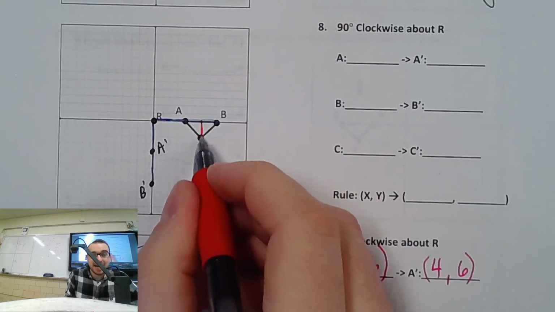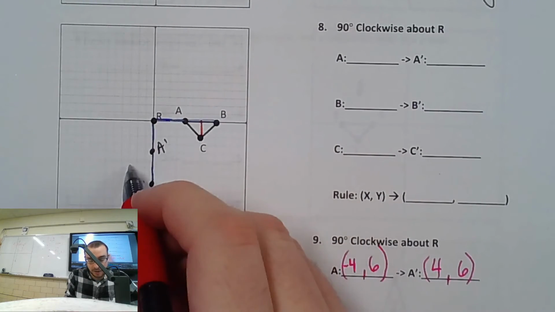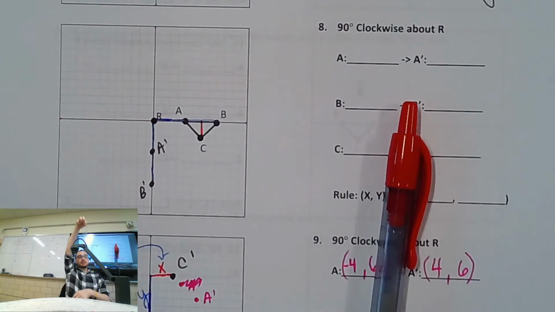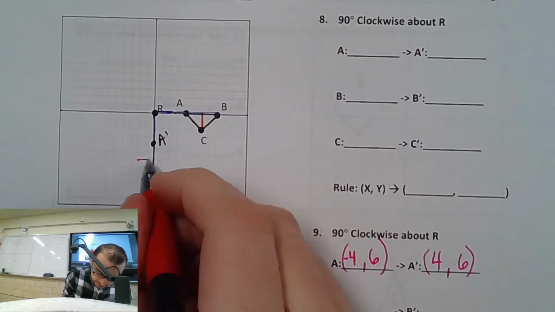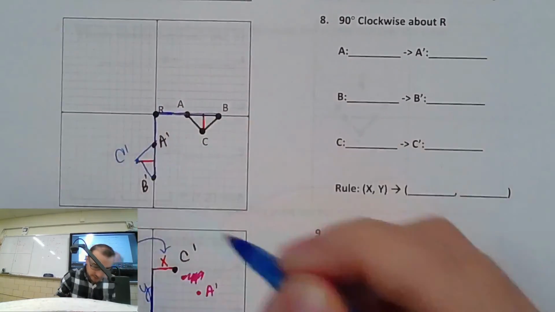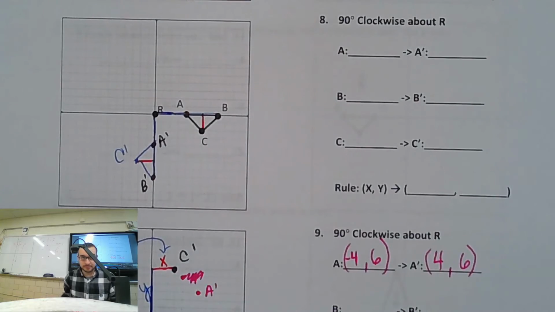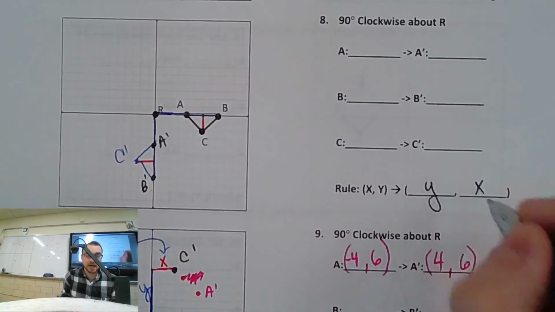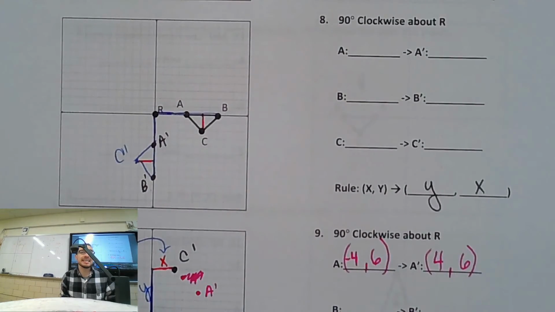It's pointing down. When I turn it 90 degrees clockwise, it's going to point left. Is everybody cool with that? So it's going to point left from here. There it is. What's the rule? We're turning it 90 degrees. What once was horizontal became vertical. So y and x change spots. Which one do we negate going this direction?